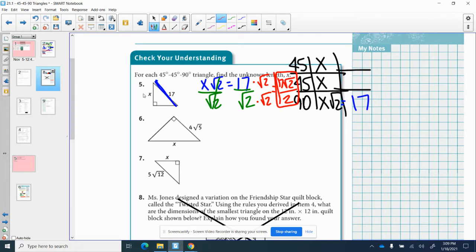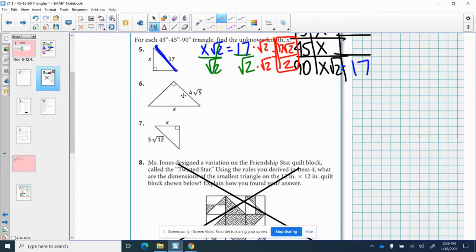Let's try another one. This time we have the leg, we're looking for the hypotenuse. So as we said before, if we look at our little chart here, this time we have the x, right? We have the leg.